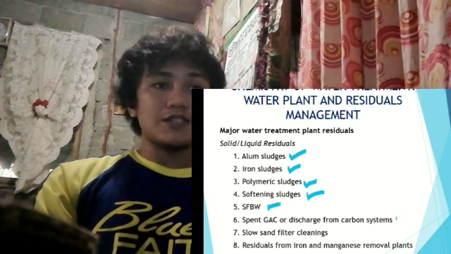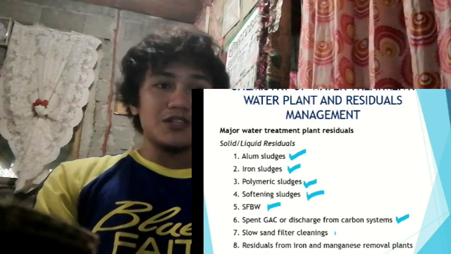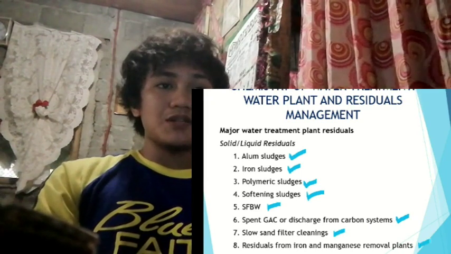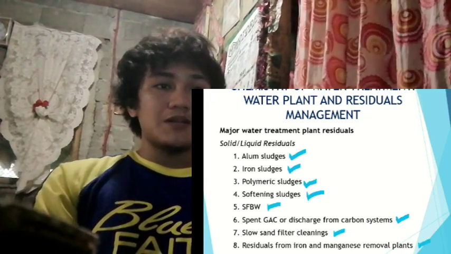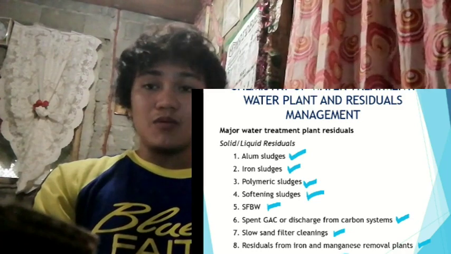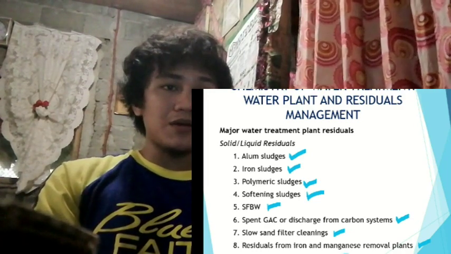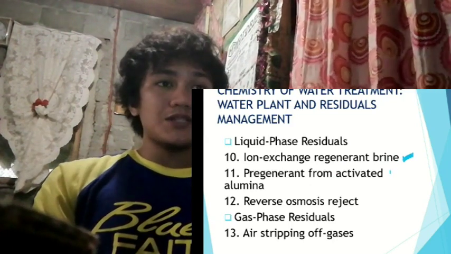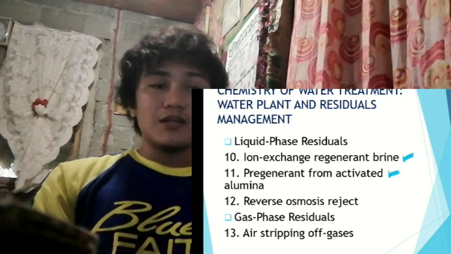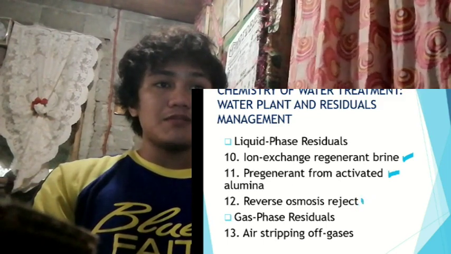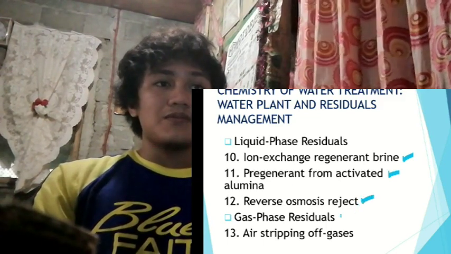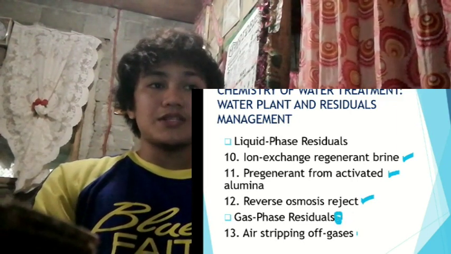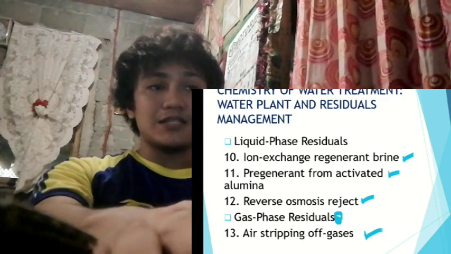Number 5 is the SFBW. 6, spent GAC or discharge from carbon systems. 7, slow sand filter cleanings. 8, residuals from iron and manganese removal plants. 9, spent pre-coat filter media. 10, ion exchange regenerant brine. 11, regenerant from activated alumina. 12, reverse osmosis reject. Gas phase residuals: 13, air stripping of gases.